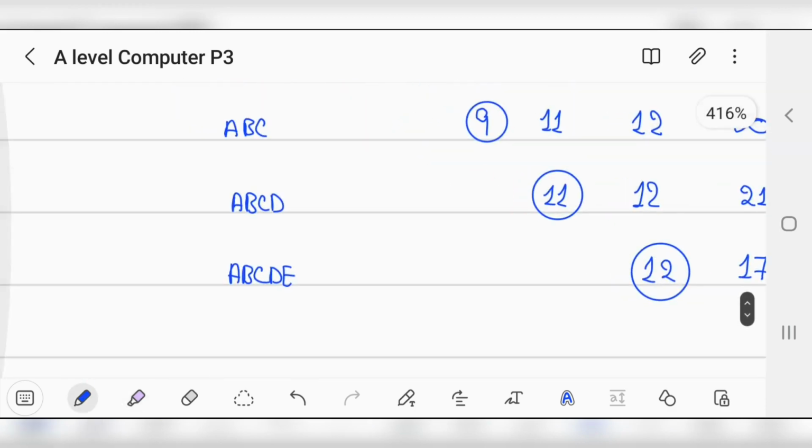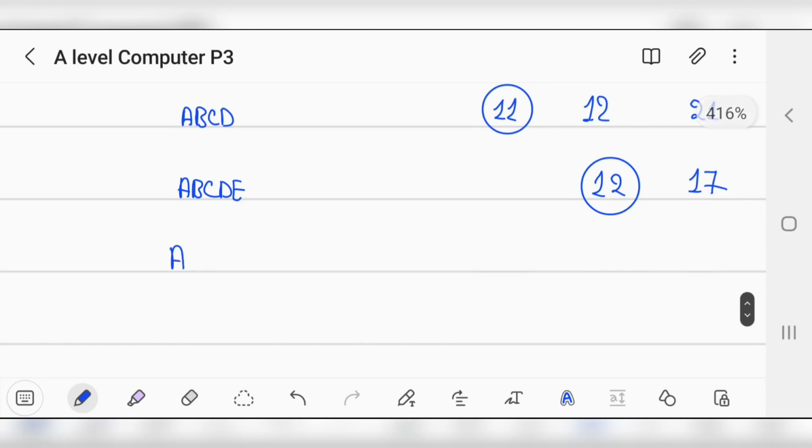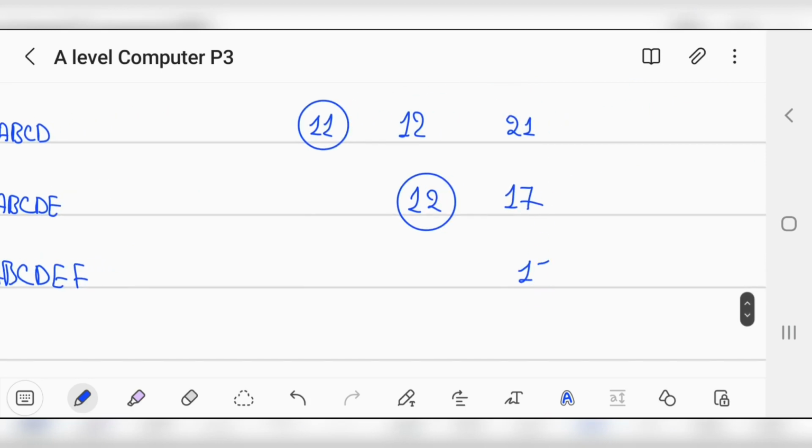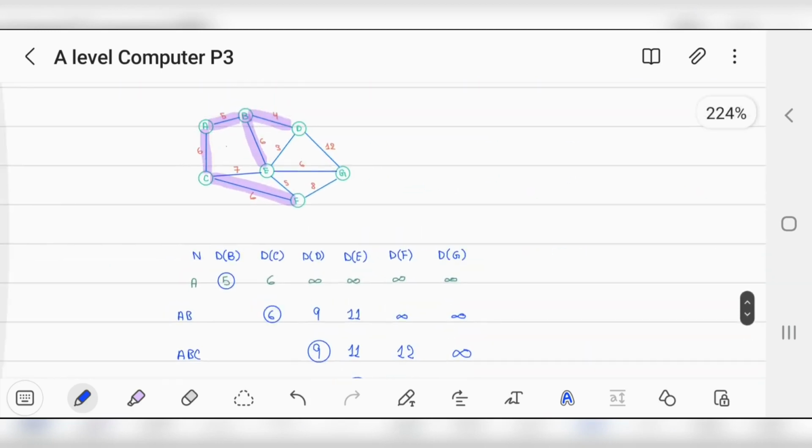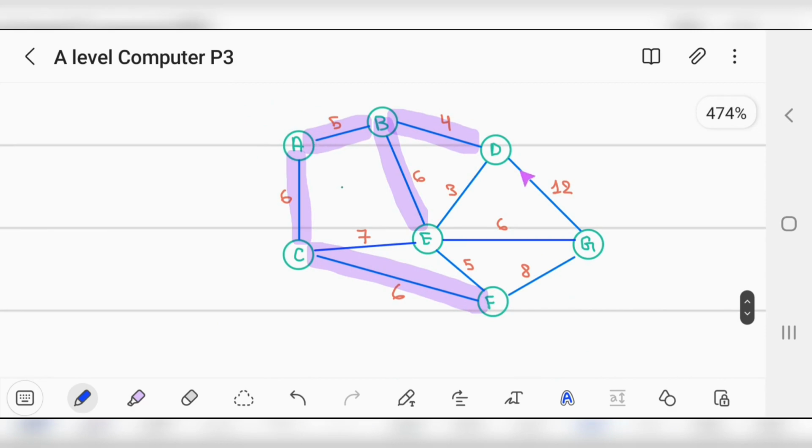Now, if I choose A, B, C, D, E, F, the last one is 17. If you just see it for yourself, 21, 17, and coming from F, 12 plus 8, which is 20. So 17 is the best option.